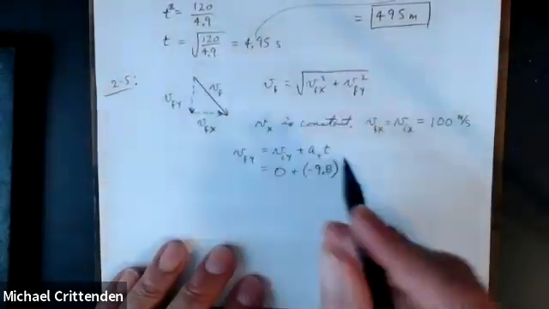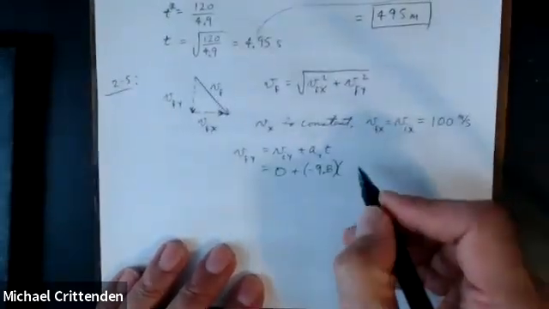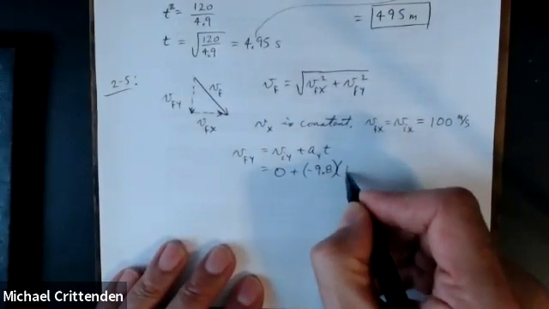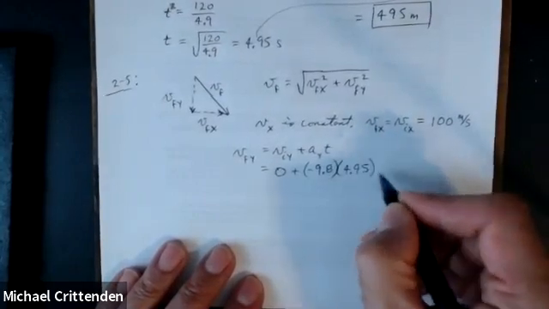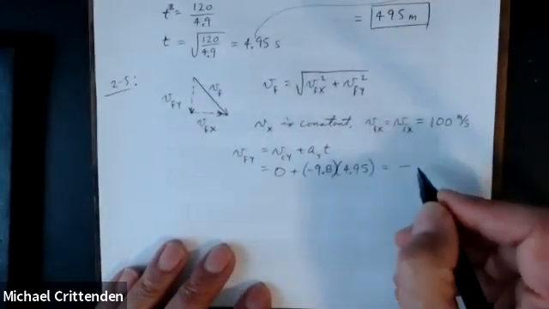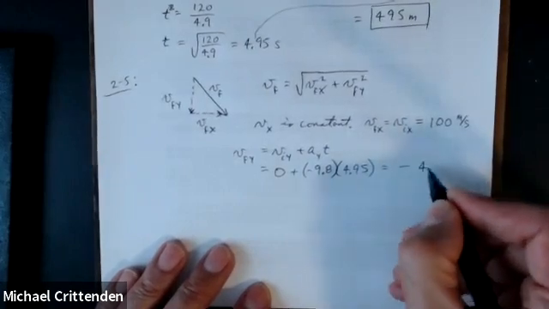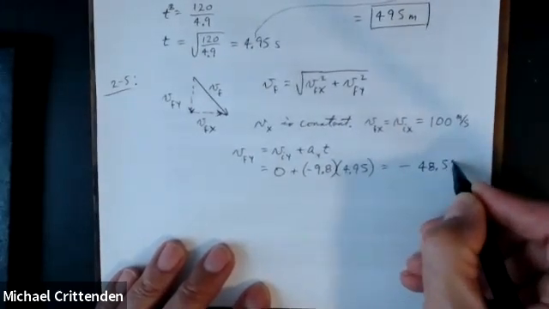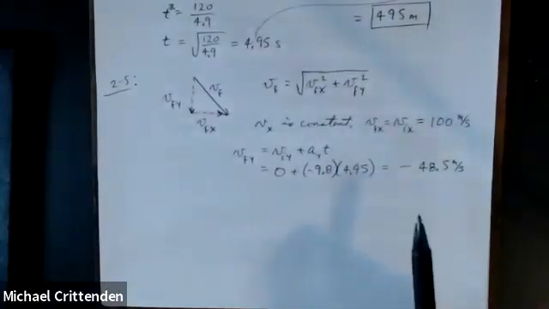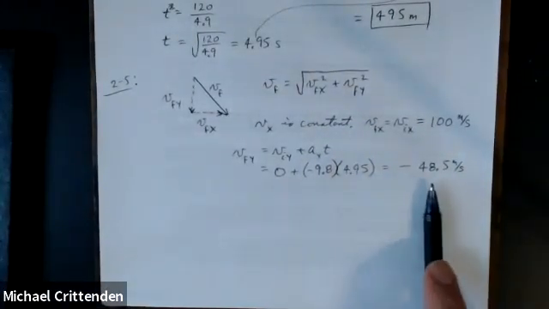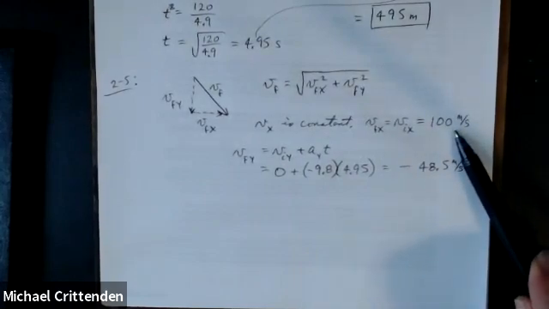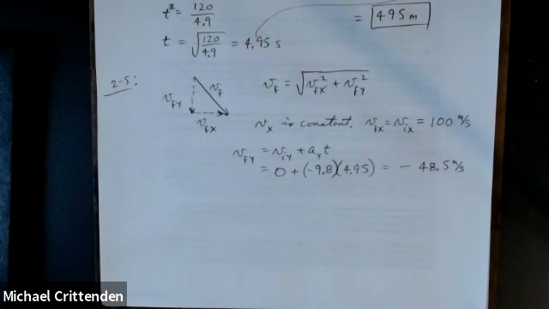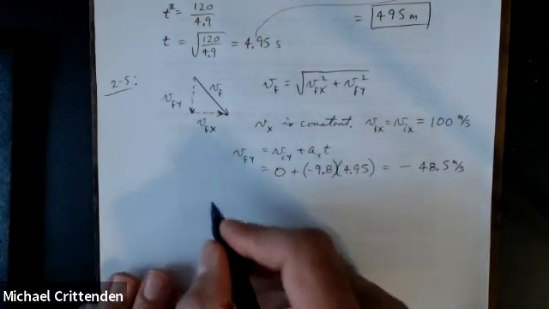And we know the time, 4.95 seconds. So that's how fast it's dropping, while at the same time it's moving horizontally at that speed at the moment that it reaches the water. Okay, so we've got our two components.